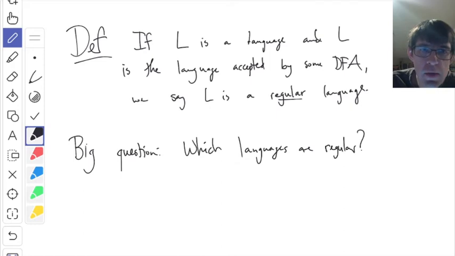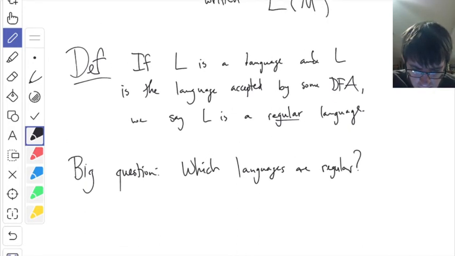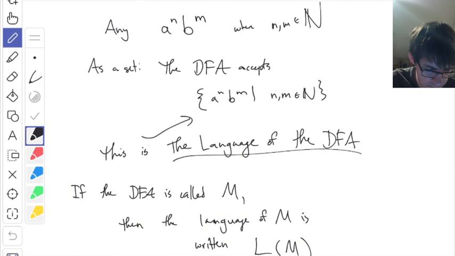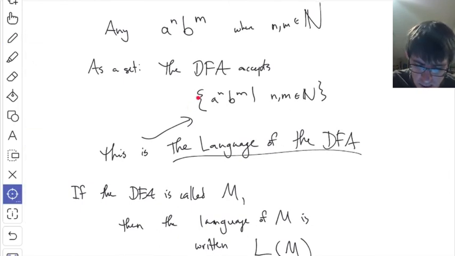We've seen several examples of DFAs already, and the language of any one of those is automatically a regular language. Somebody's asking me another question by the chat. You can feel free to interrupt me audibly, by the way, but the chat is fine too. Somebody asks, when I write something in this kind of set former notation, is it possible to have different ways to write the same set?